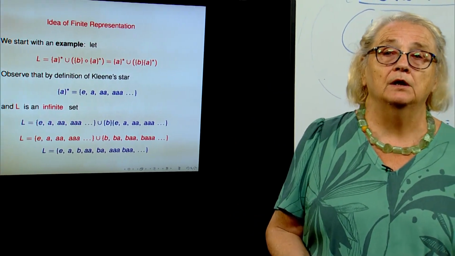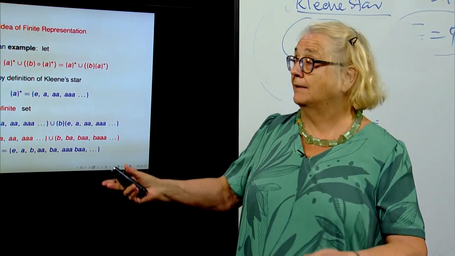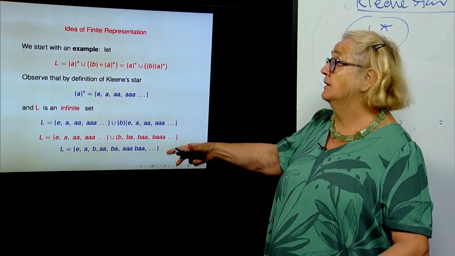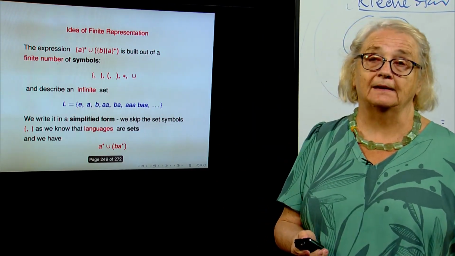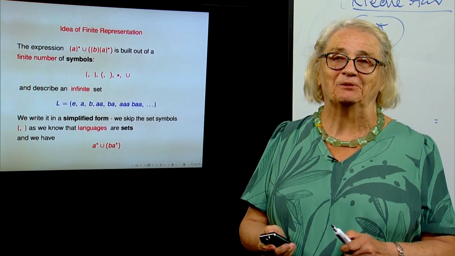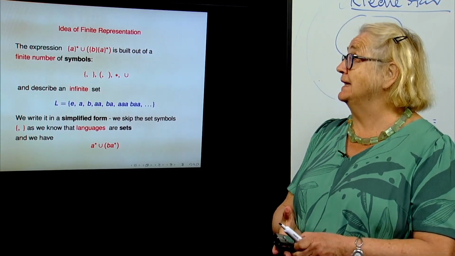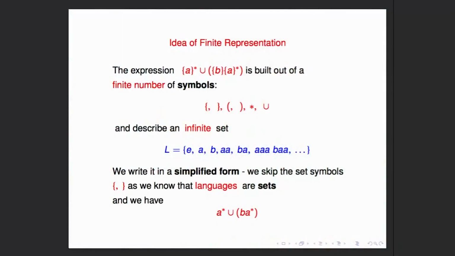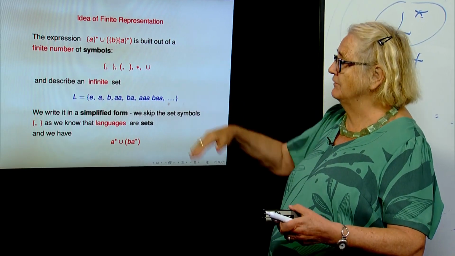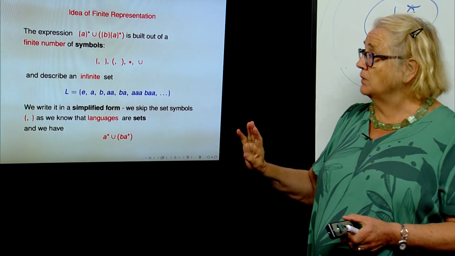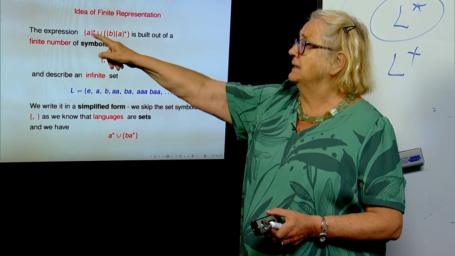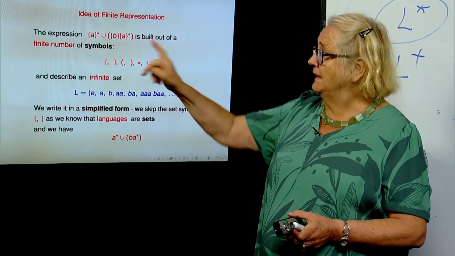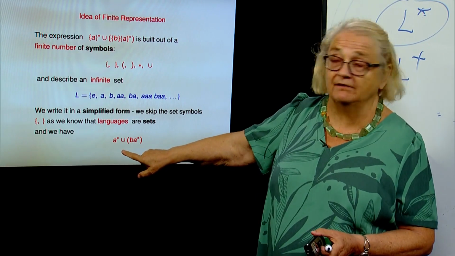So we want now to see how you can represent infinite sets by finite specification, and the Kleene star is very important. You can say that this expression is built of a finite number of symbols, right? That's 1, 2, 3, 4, 5, 6. And this expression describes an infinite set. Also, instead of writing this, we can write the expression in simplified form.